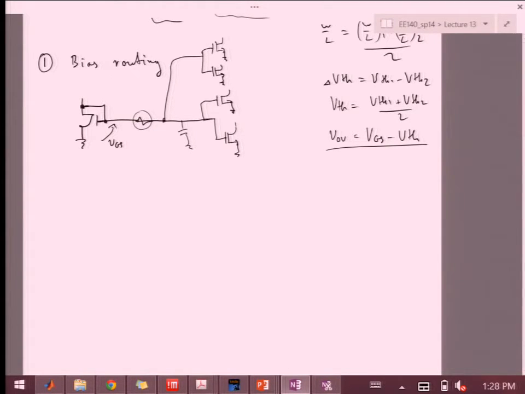That is true. And in situations where you're going to pass a signal here, yes, the bandwidth of this mirror would be lower. But if I'm looking at DC, I'm not that much affected by that. There's another thing that's purely a DC issue.